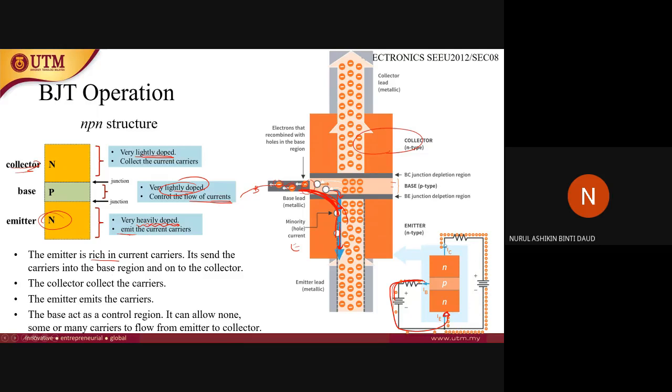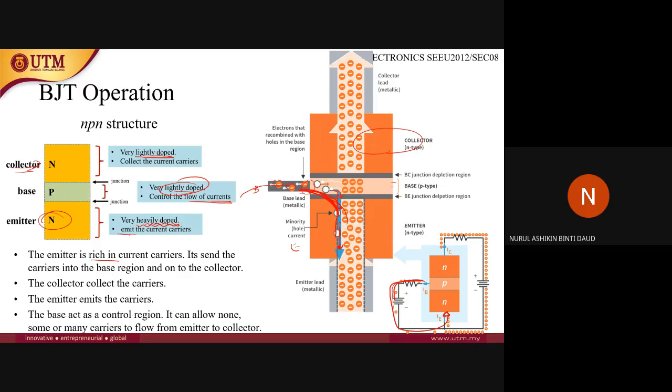So you can see that lots of current comes to the emitter region from the external part of the collector, and also the valence electrons that come out from the base go again into the emitter. That's why the current at the emitter will be large.